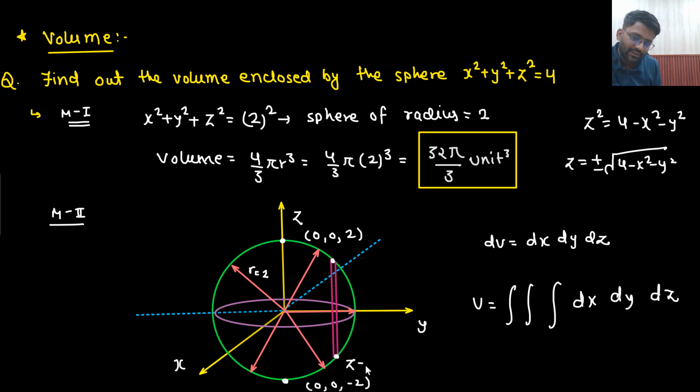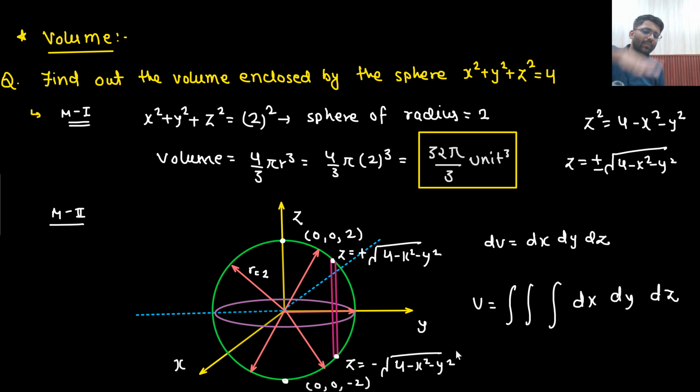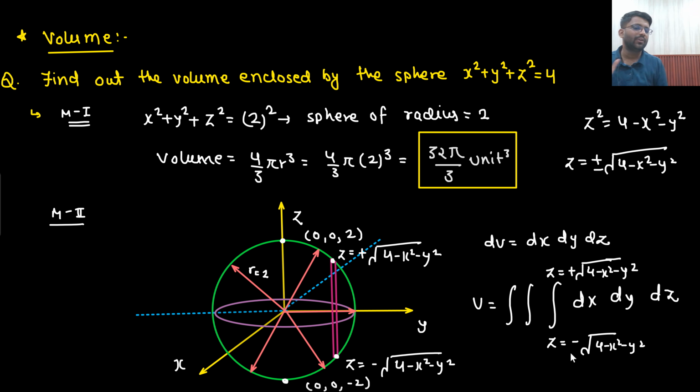So here z is minus the square root of 4 minus x square minus y square, and here z is plus the square root of 4 minus x square minus y square. This is how z is going, so this is the limit of z we have put.